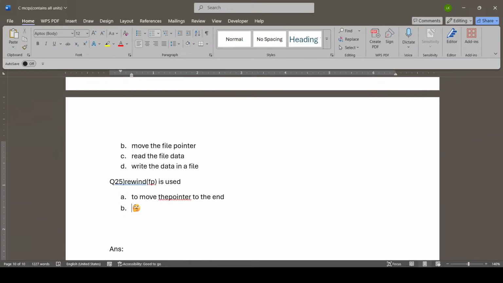Next is to move the pointer to the beginning.